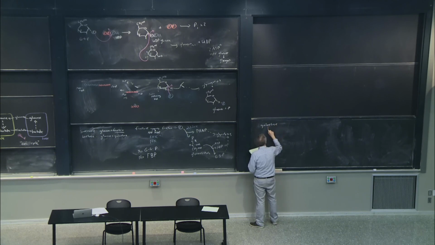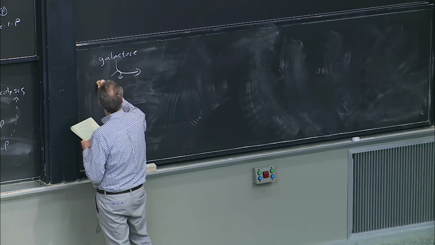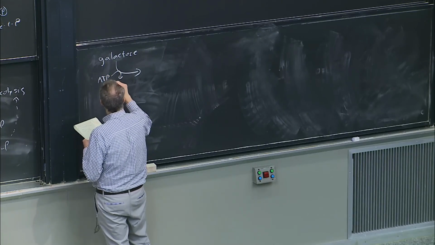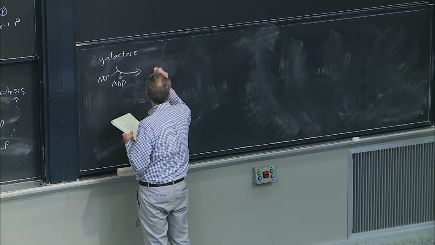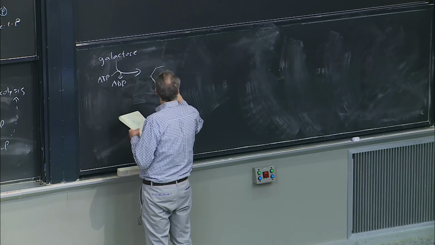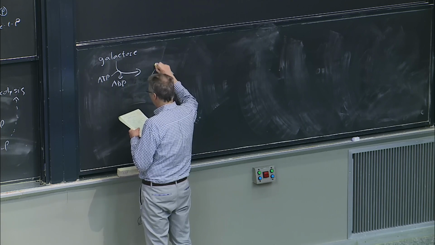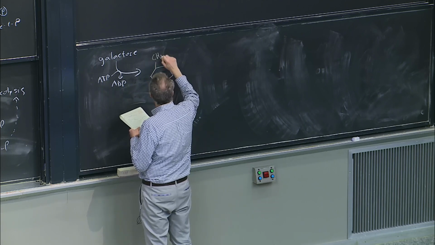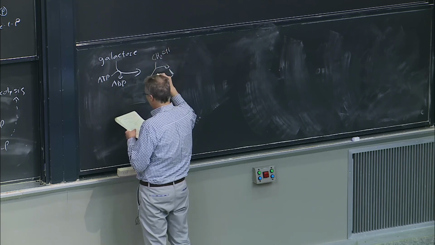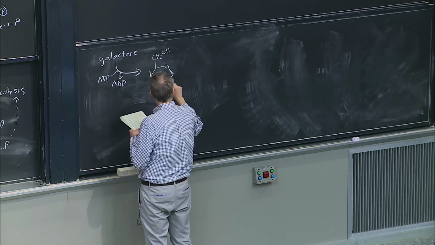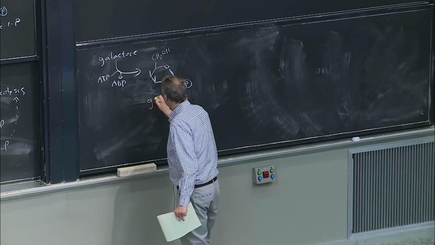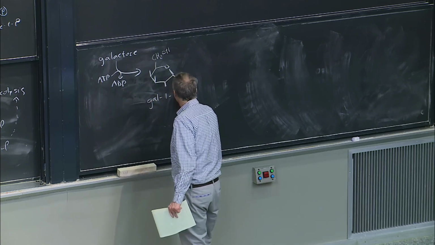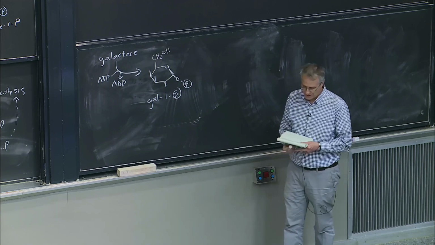So this is galactose. Like all sugars, galactose is initially trapped by phosphorylation. It's phosphorylated on the one position to trap it, just like fructose. And so this is galactose 1-phosphate.